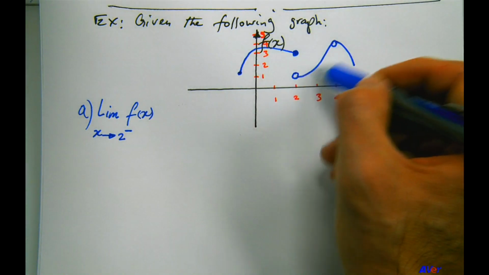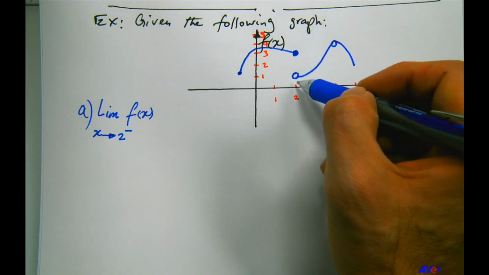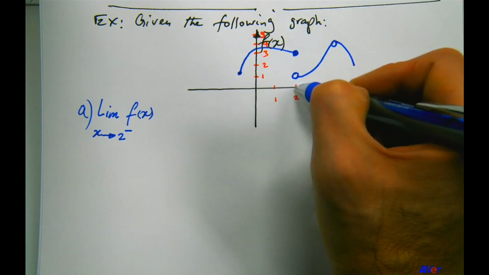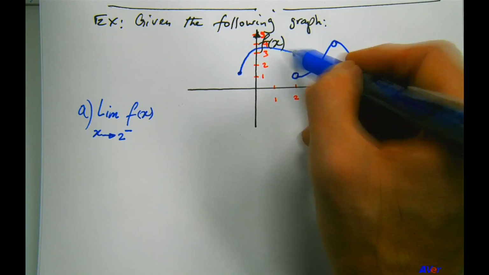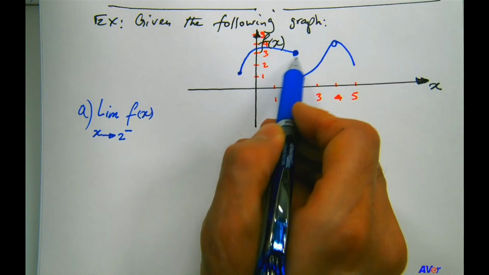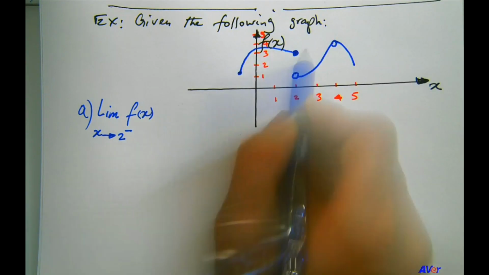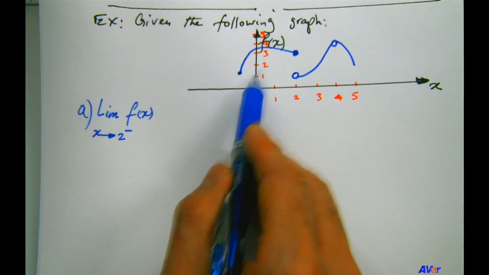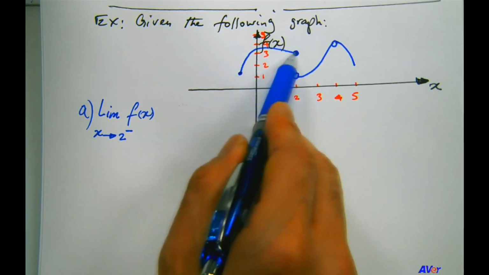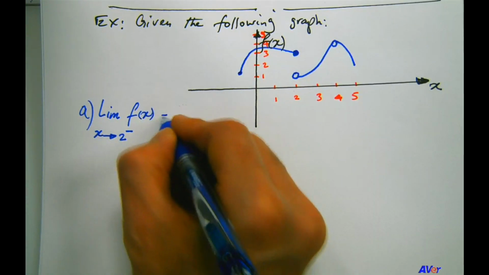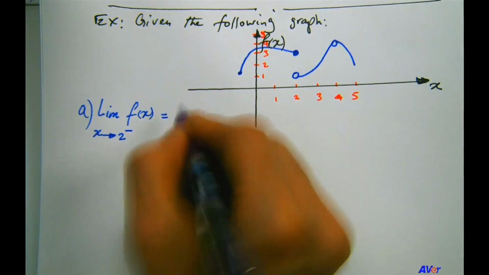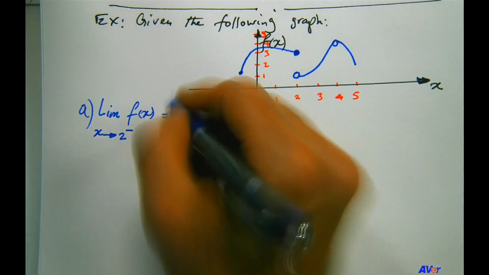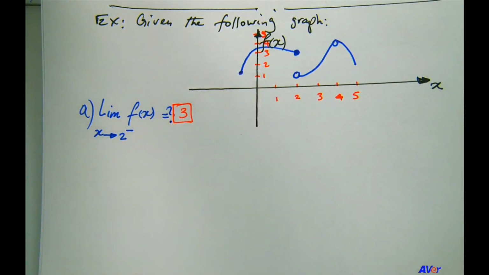So along this piece it is not defined, but along here it is defined, right? As we approach 2 on this piece, it is defined, and the value is 3 right there. So the limit of the function as x approaches 2 from the left is equal to 3. I forgot the question mark here.